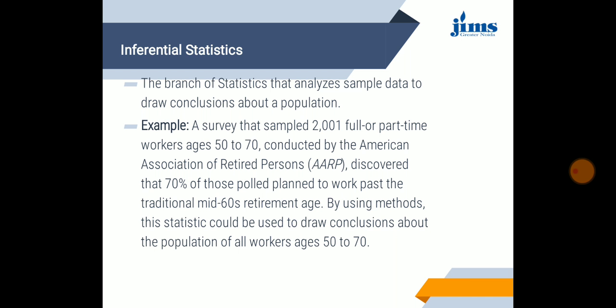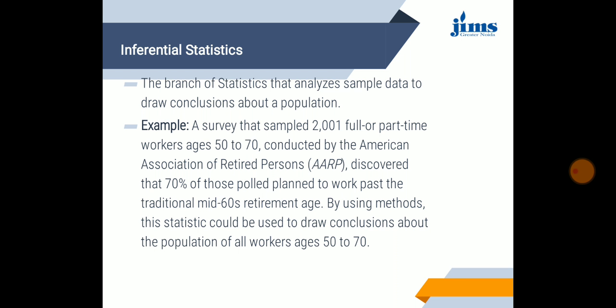It discovered that 70% of those polled planned to work past the traditional mid 60s age. That means 70% of the sample of workers aged between 50 to 70 plan to work past their 60s retirement age. That means the experience side of the institutions can be enhanced if these people can be brought to the decision making panel.